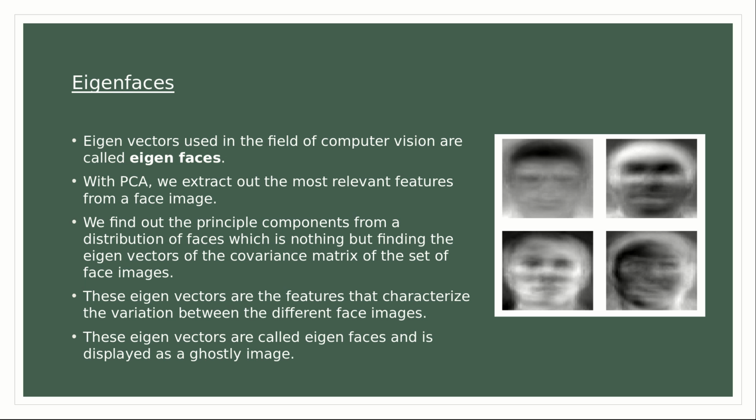What is that? This is nothing but the eigenvectors of the covariance matrix of the set of face images. These eigenvectors are the features that characterize the variations between the different face images. These eigenvectors are called eigenfaces. As we can see from the image, it looks rather ghostly.